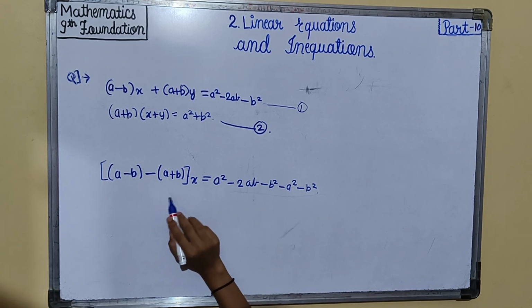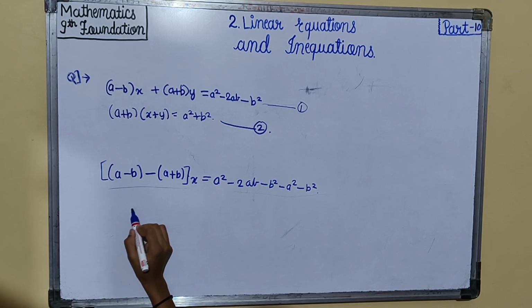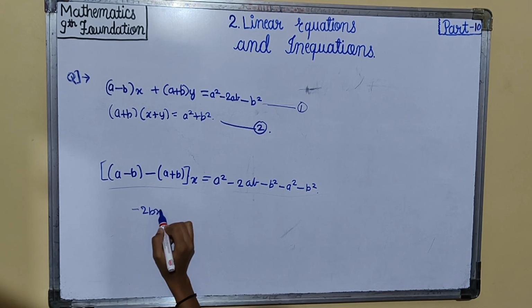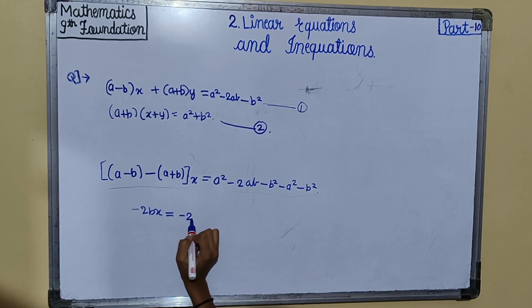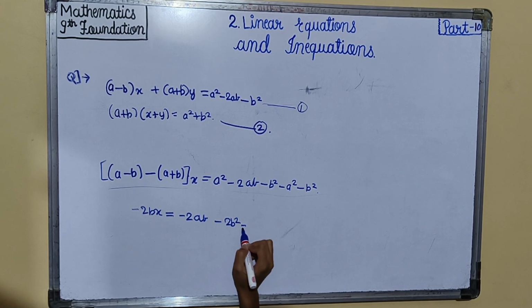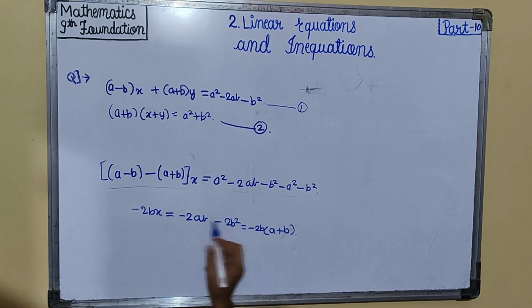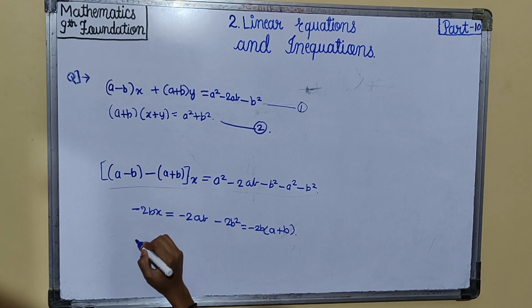So here when we simplify, we'll get minus 2bx equal to minus 2ab minus 2b square, equal to minus 2b multiplied by (a plus b). From here we will get that x is equal to a plus b.